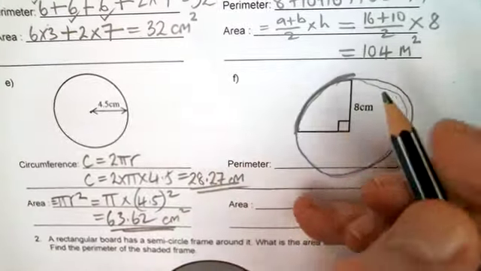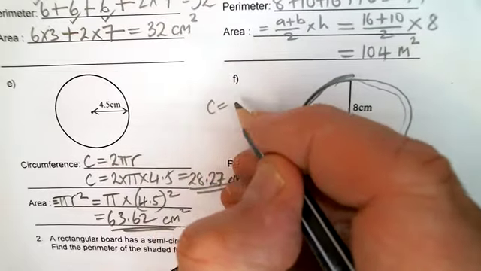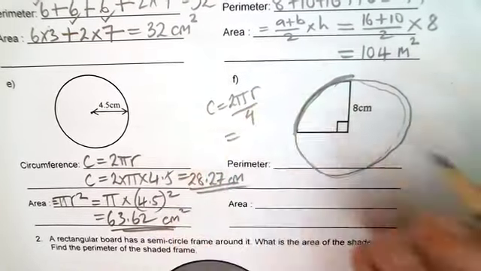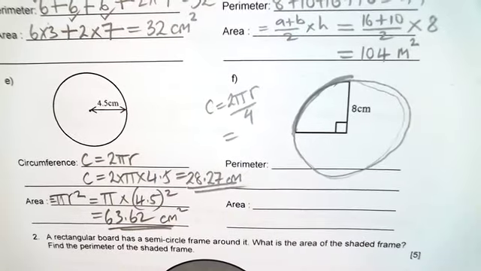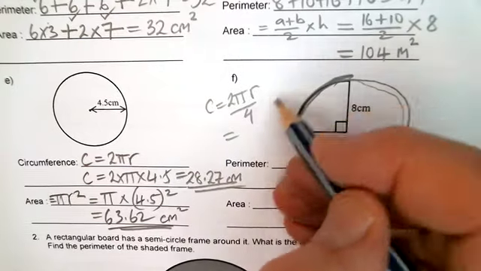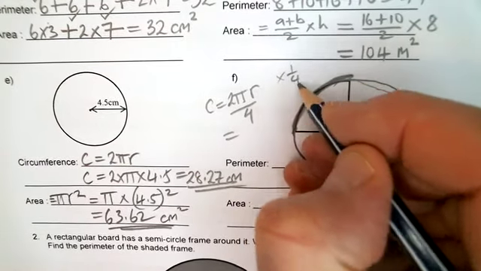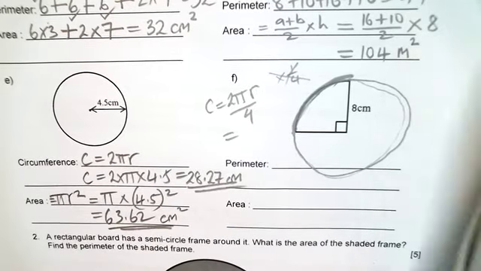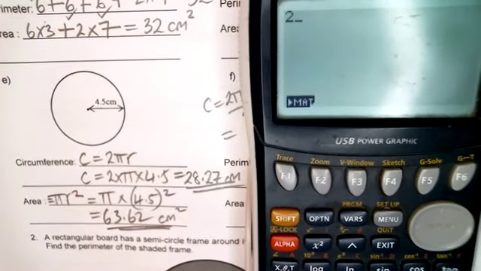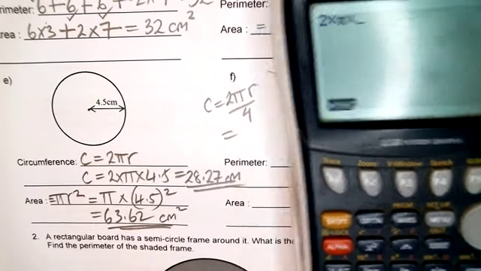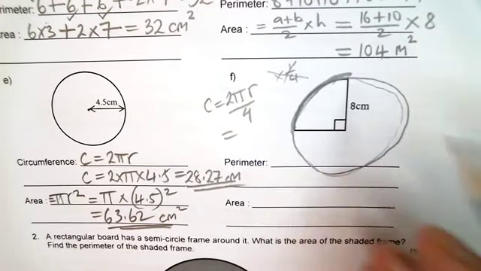So the circumference there is equal to 2 pi r divided by 4. Let's do that first. I've gone divide by 4 because it's a quarter. Or I could have said times 1/4, but I'm just going to go divide by 4. Same thing, really. So you're going to have 2 times pi times, what is it? It's 8, 8 is r.